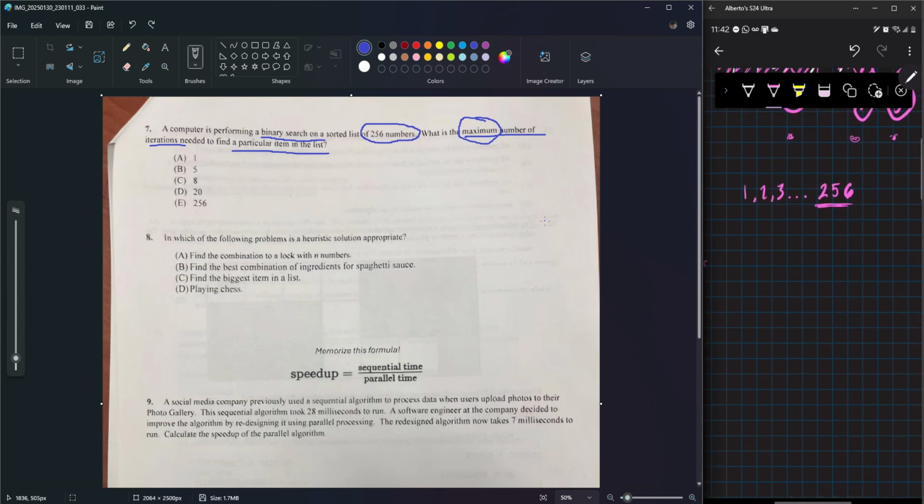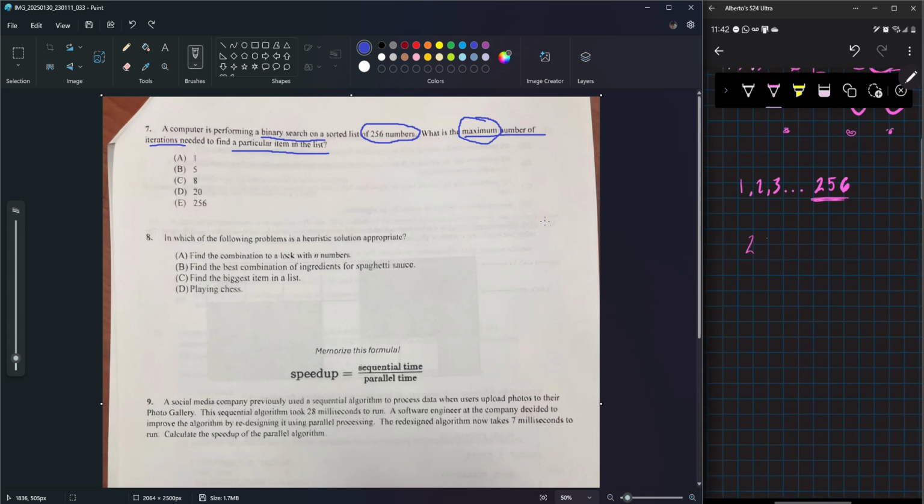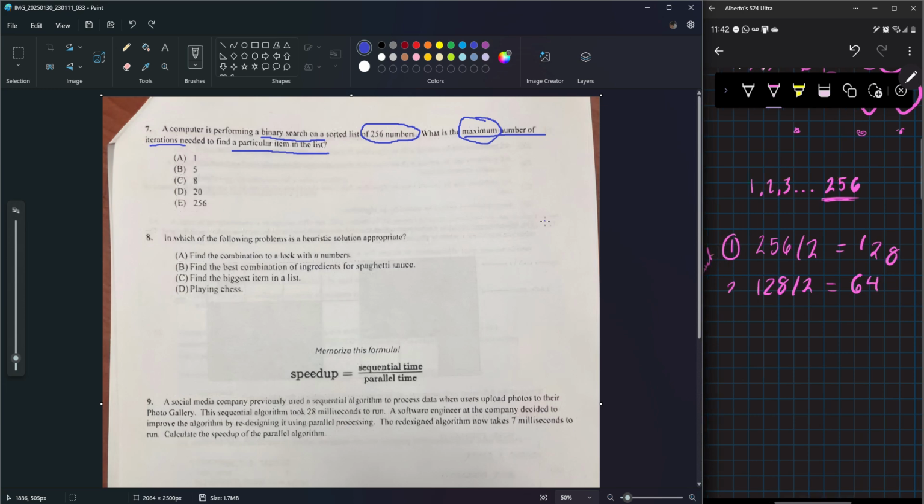So let's try. Let's divide 256 by 2. That's 128. That's one time. Then 128 divided by 2 is 64. That's 2. Then 64 divided by 2 is 32.